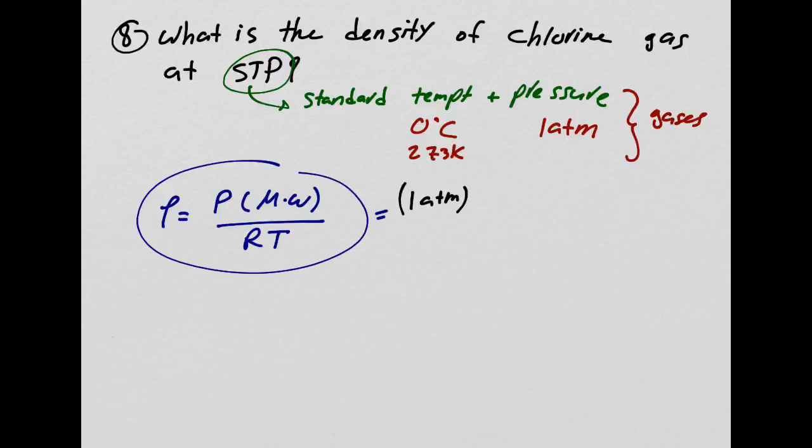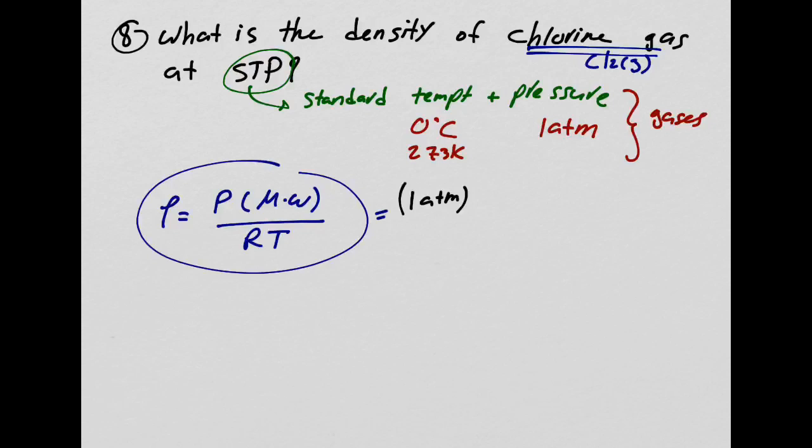What is the molecular weight of chlorine gas? This is where people might make a mistake. When I say chlorine gas, I really mean Cl2 gas, right? Chlorine gas is not Cl. It's like hydrogen gas, H2, and oxygen gas, O2. Those are diatomic molecules.